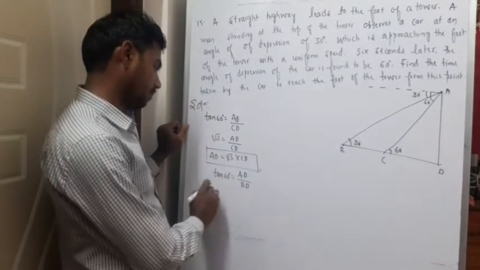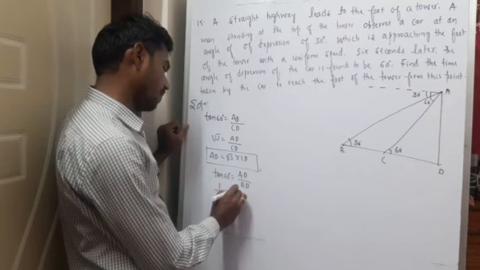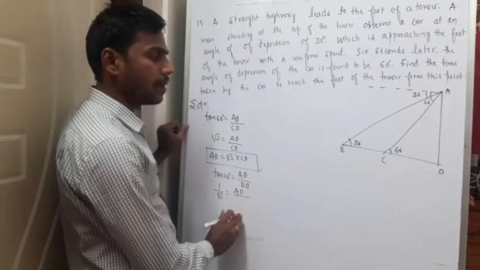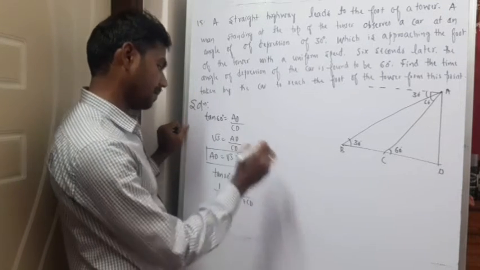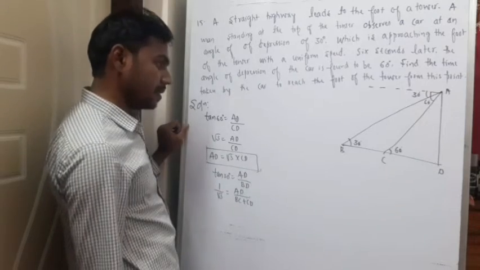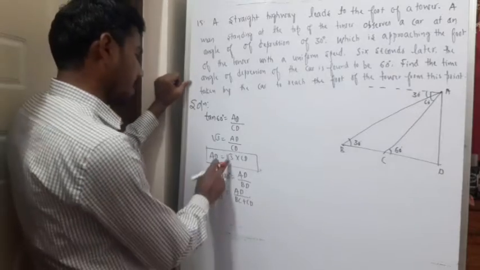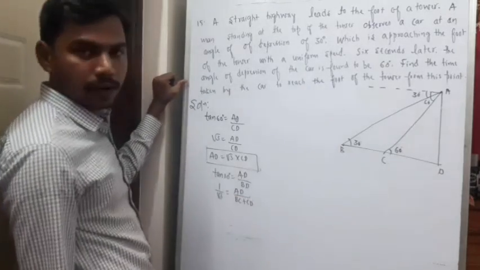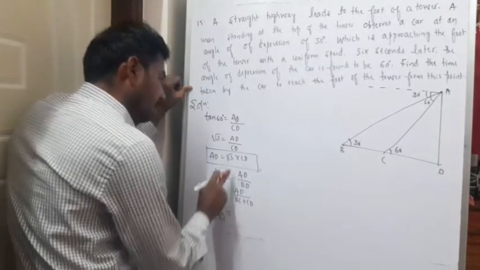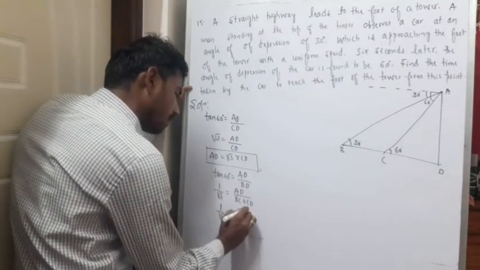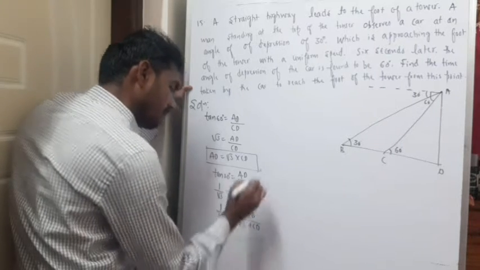Now 1 by root 3 is equal to AD divided by BD, which can be written as BC plus CD. BC plus CD. Now in case of AD, what can I write? I can write root 3 into CD. So 1 by root 3 is equal to root 3 into CD divided by BC plus CD.